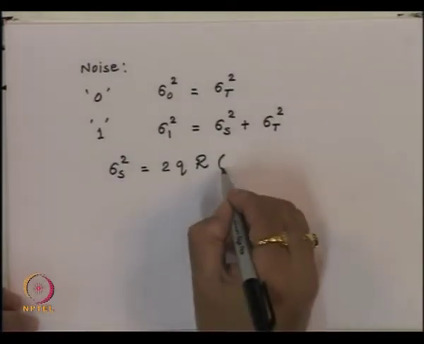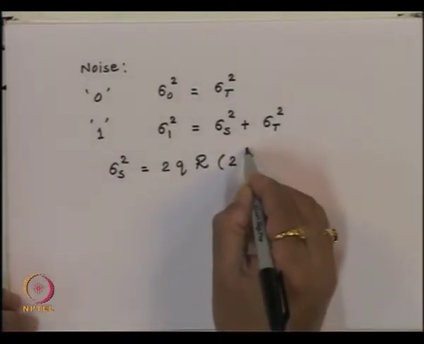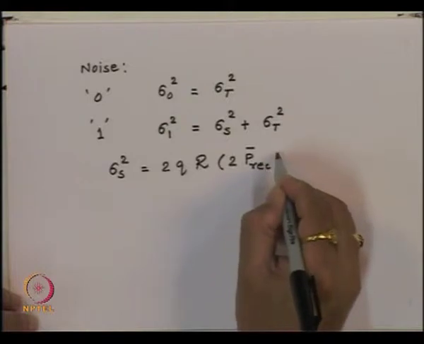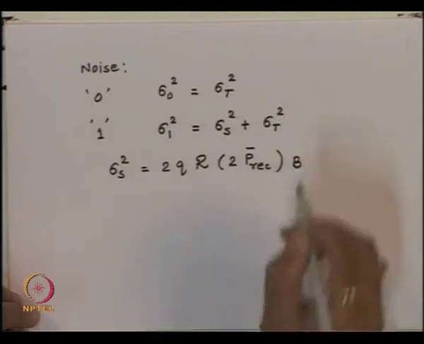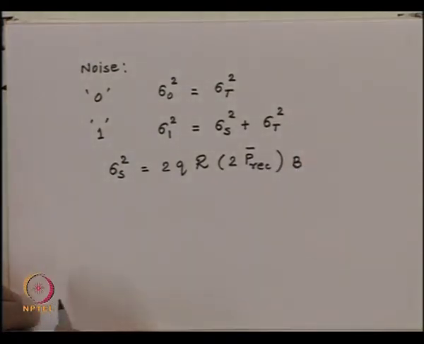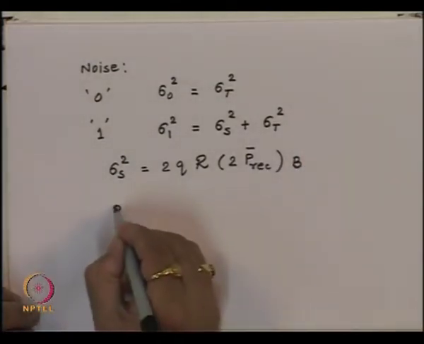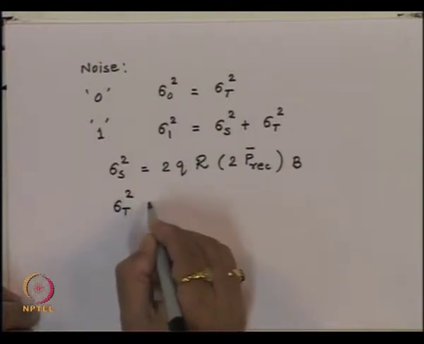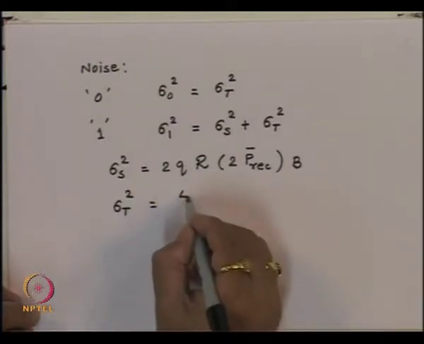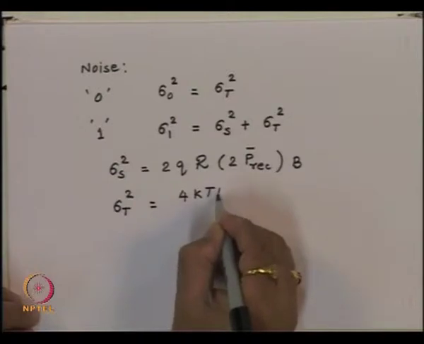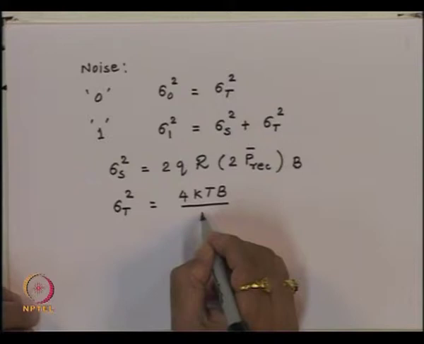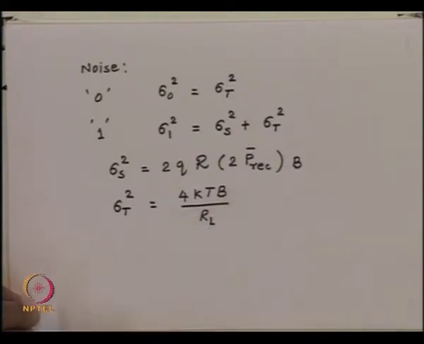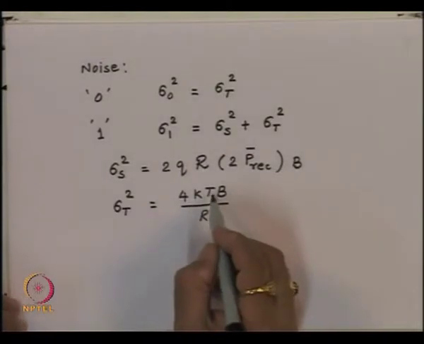So, we can say that this is 2 times P average received and the bandwidth of the receiver. And as you have seen, sigma t square, which is the thermal noise, is given by 4 kTB divided by RL, where RL is the load resistance connected to the photodetector, K is the Boltzmann constant, and T is the temperature.